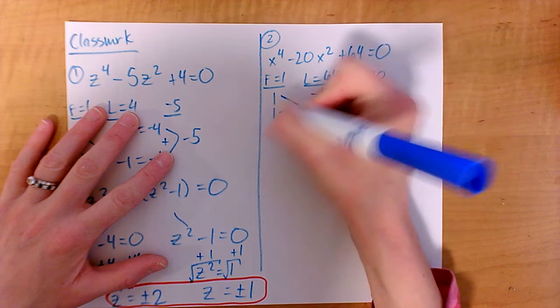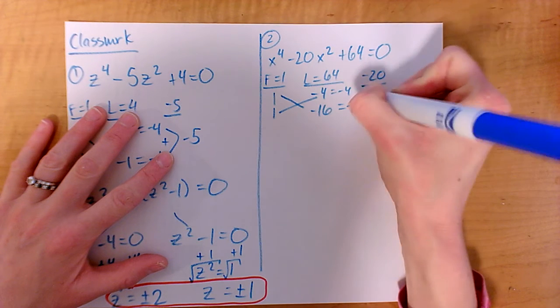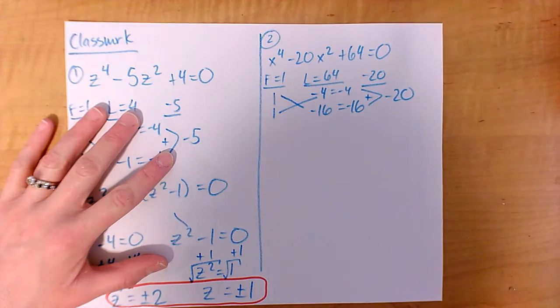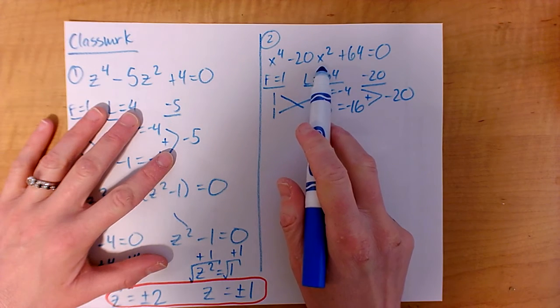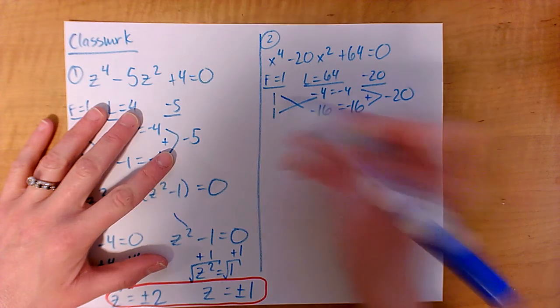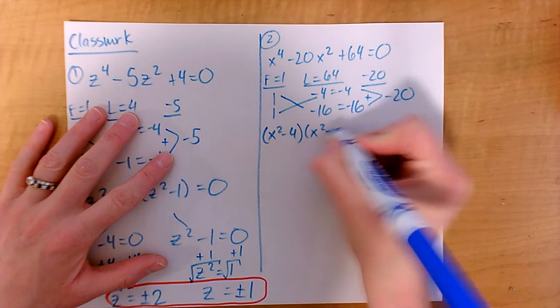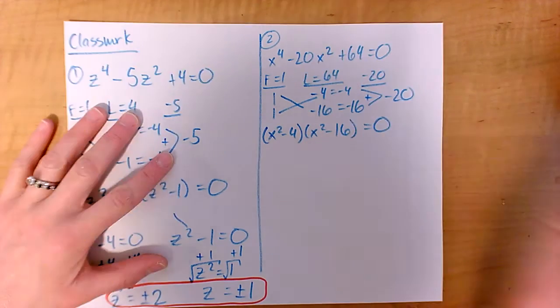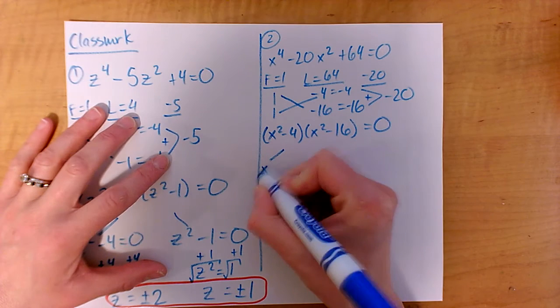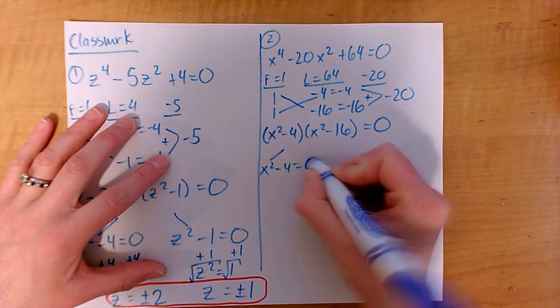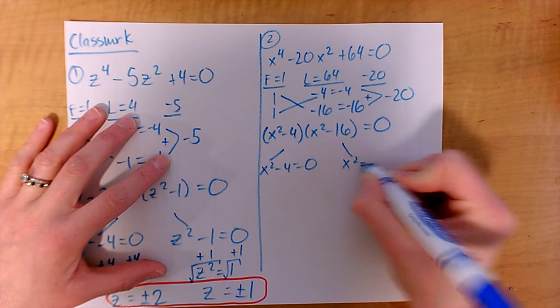So cross multiply, we get negative 16 and negative 4. Add those up, we get negative 20. Okay, so again in our parentheses, we'll take our middle variable and exponent. So we'll have x squared minus 4 times x squared minus 16 equals 0. And then we separate both of these.